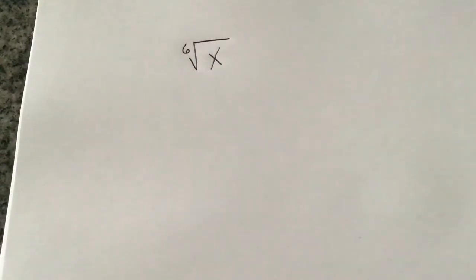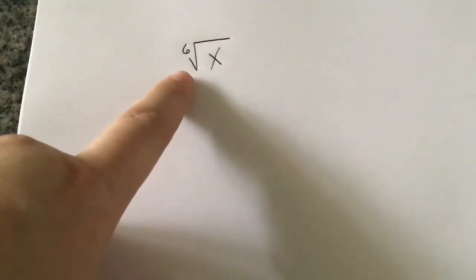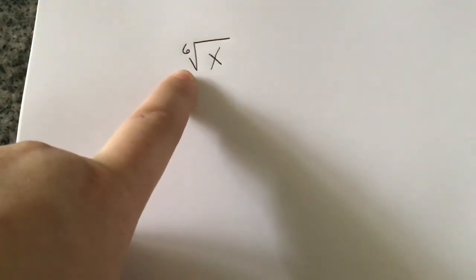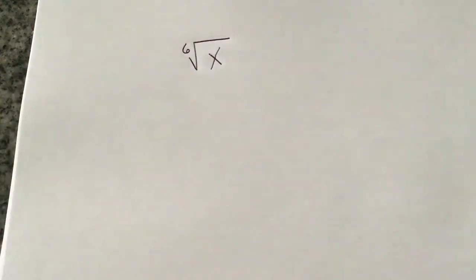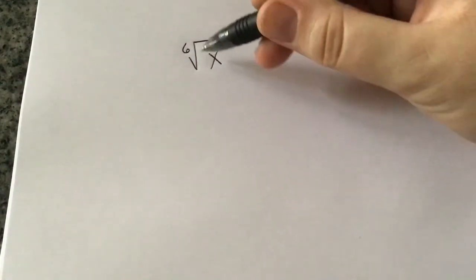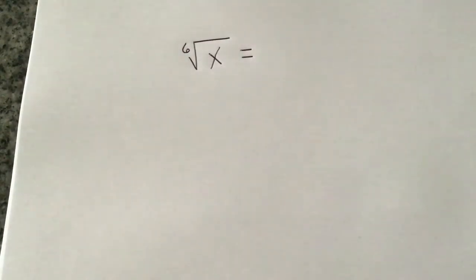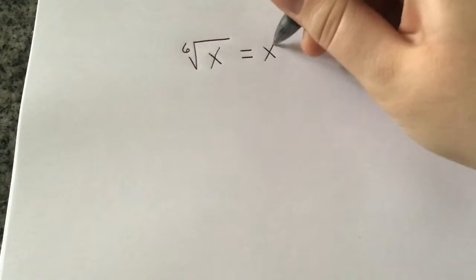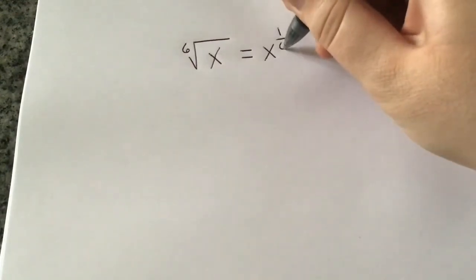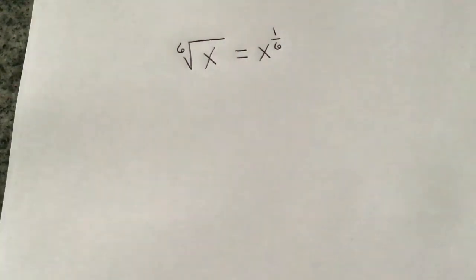But today we're going to talk about a better and probably easier way for you to write these type of roots as exponents. So here's what I want to point out. If you had the sixth root of x, this is the same thing as writing x to the 1/6 power.